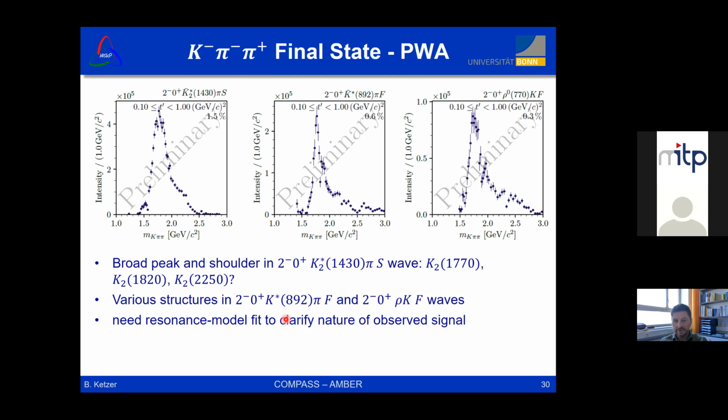Here we also see various structures in this wave here, which have to be analyzed with a resonance model fit to clarify the nature. The goal would be to collect something like 20 million exclusive events in 1 or 1.5 years, depending on how well the RF separation works.